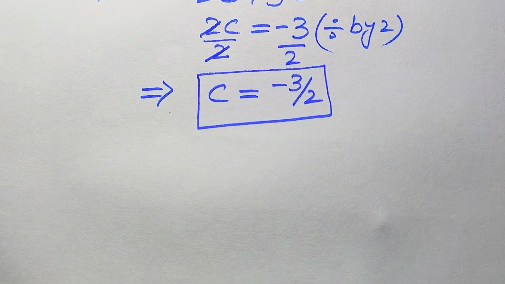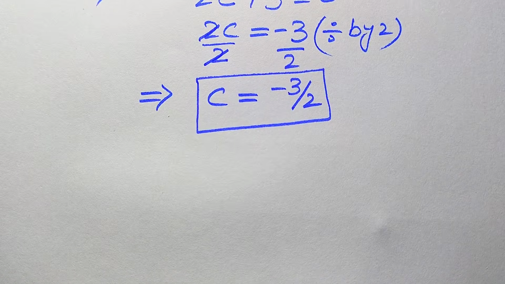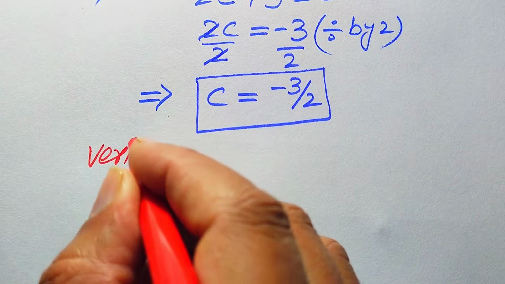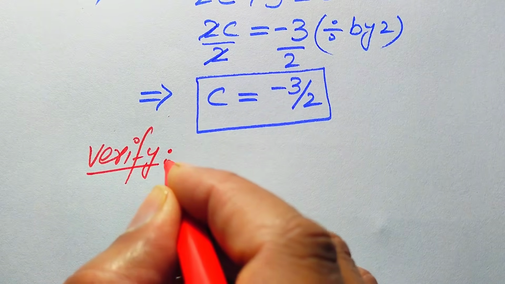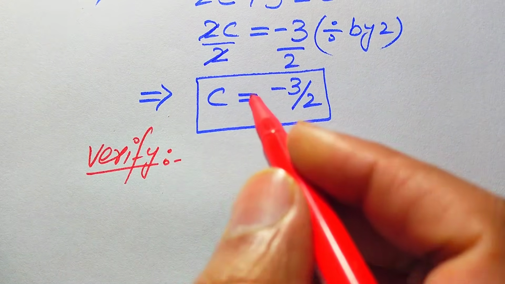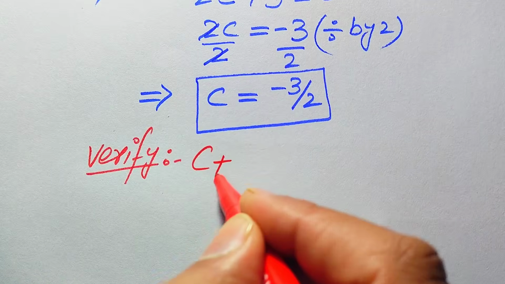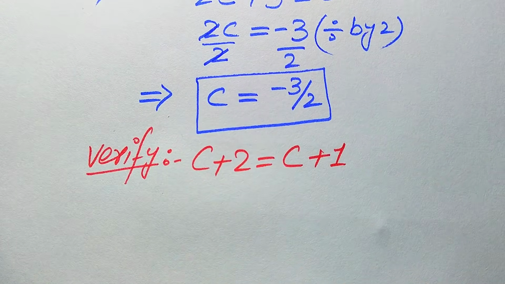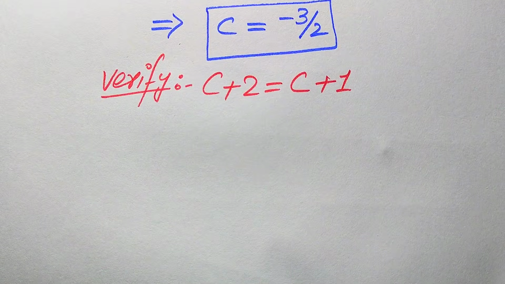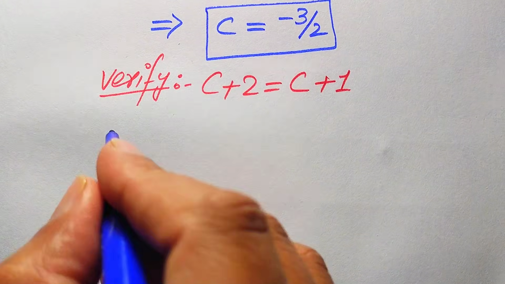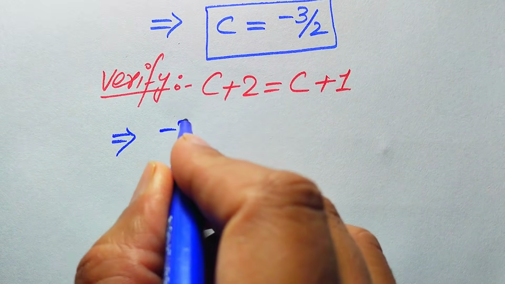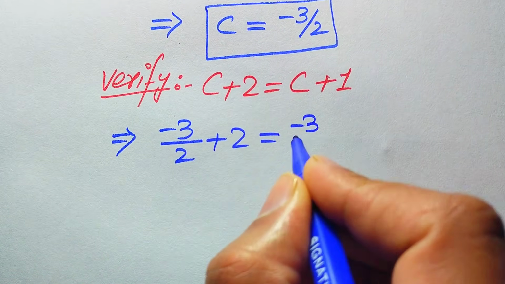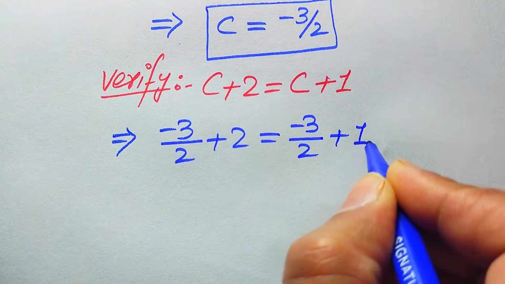Now in the next step we need to verify whether this value of c is a solution or an extraneous root. For verification we copy down the given question statement: c plus 2 equals c plus 1, and we substitute the value of c on both sides. It is written as minus 3 divided by 2 plus 2 equals minus 3 divided by 2 plus 1.